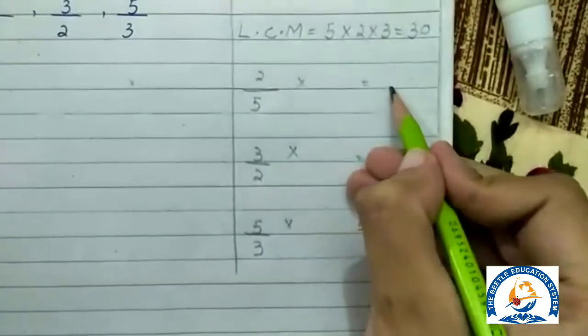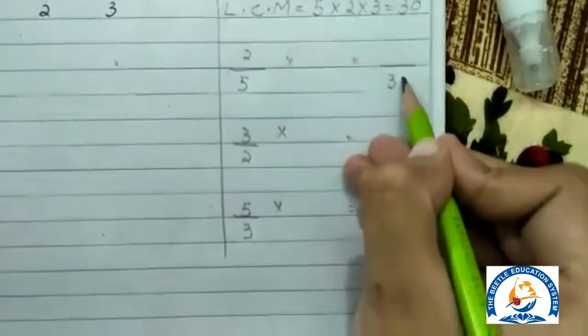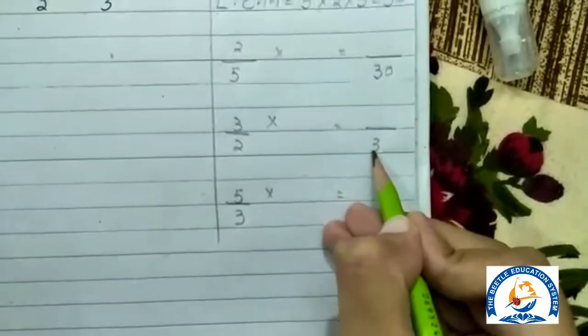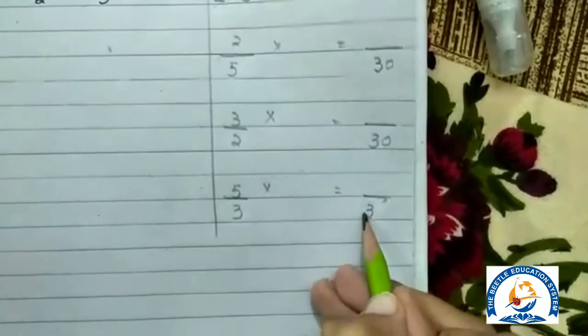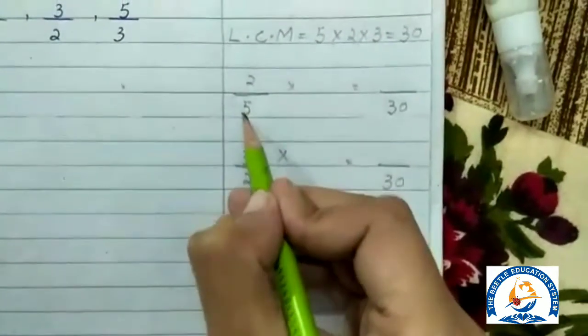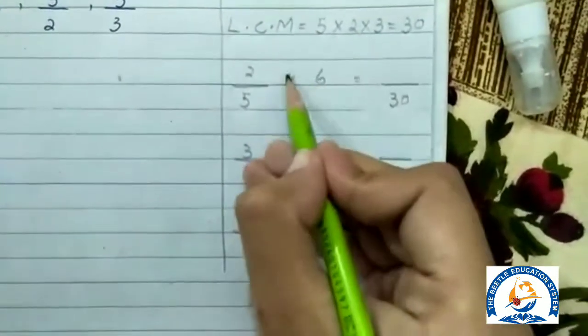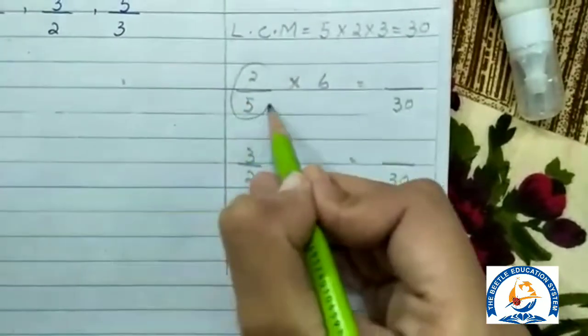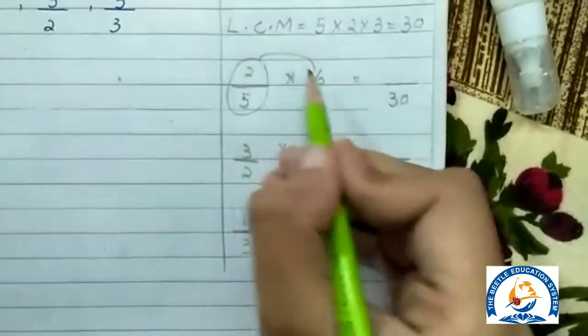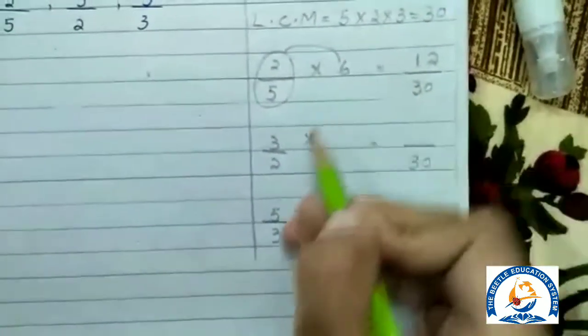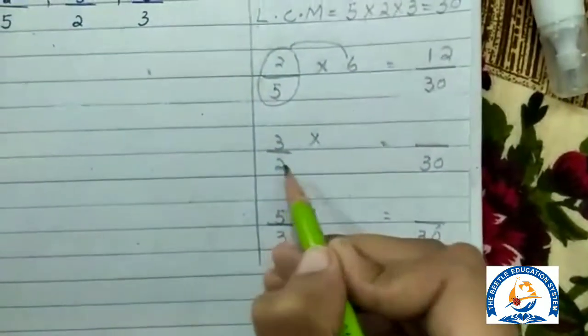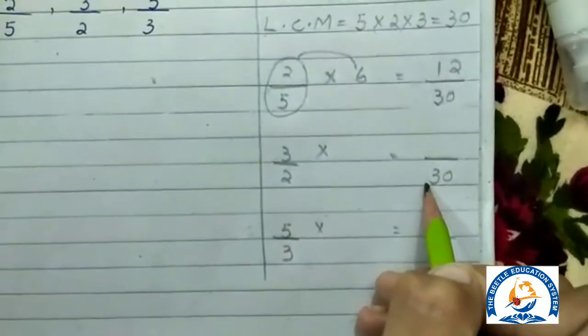We have to multiply these fractions with the numbers which give us 30 in their denominator. Start from here. 5, how many times is 30? 5 six times is 30. So we have to multiply this fraction with 6. 2 six times is 12. Here 2. 2 how many times is 30?